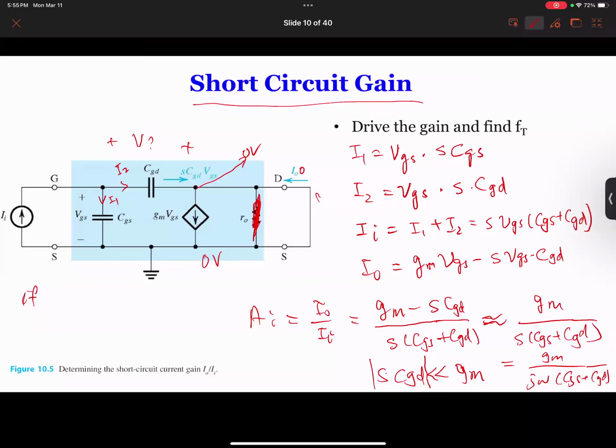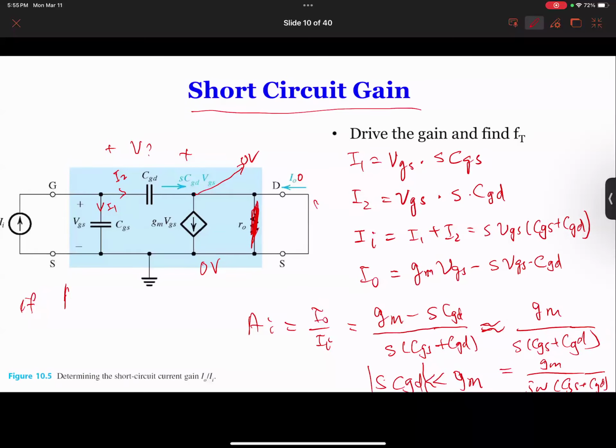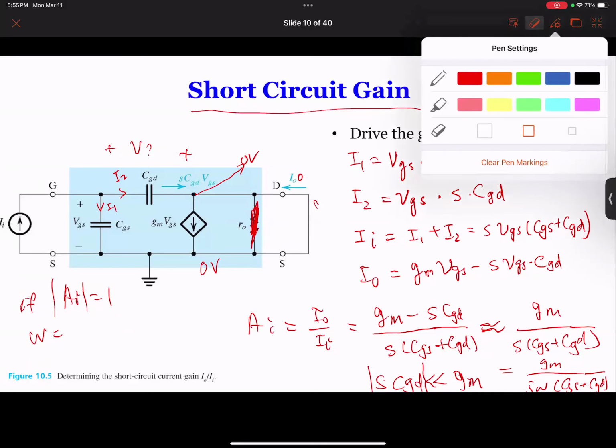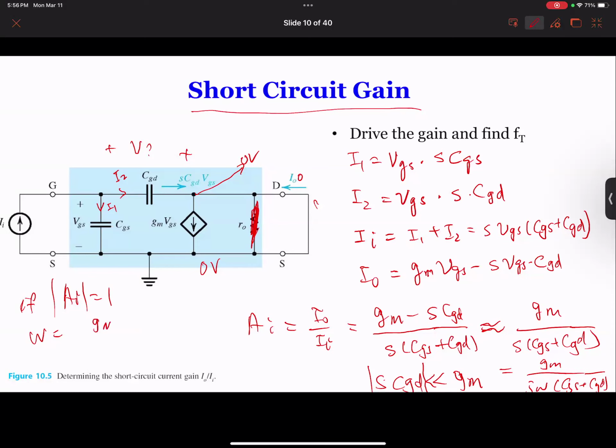That means omega equals GM over CGS plus CGD.